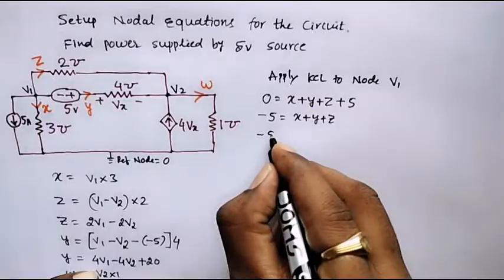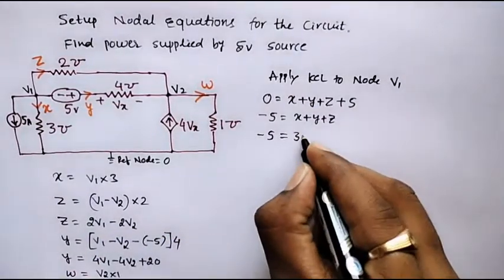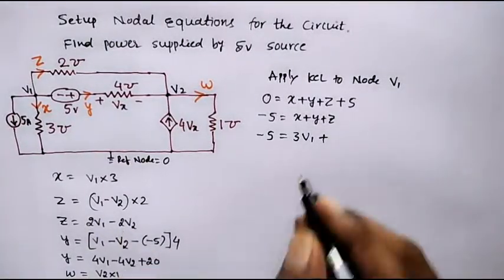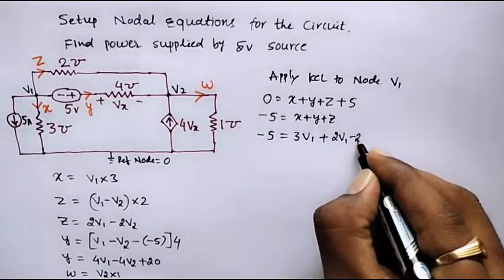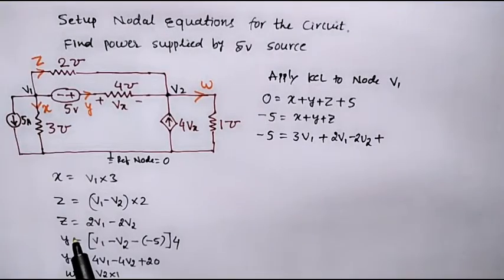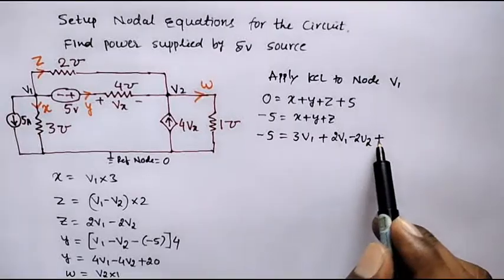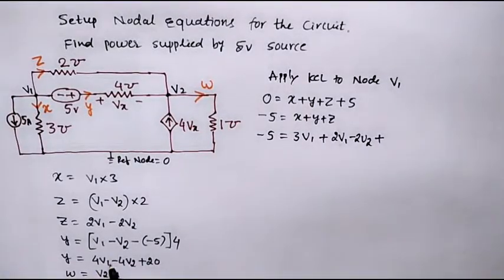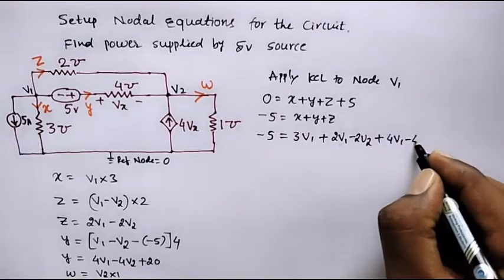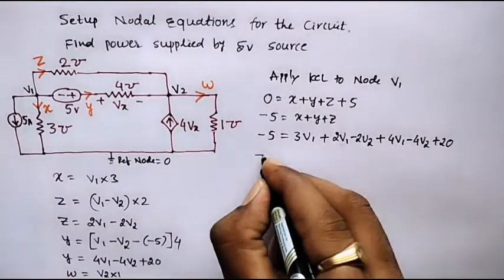Therefore I can simplify this as minus 5 is equal to X, which is 3V1, plus Z, which is 2V1 minus 2V2, and Y value is 4V1 minus 4V2 plus 20. We'll simplify this.